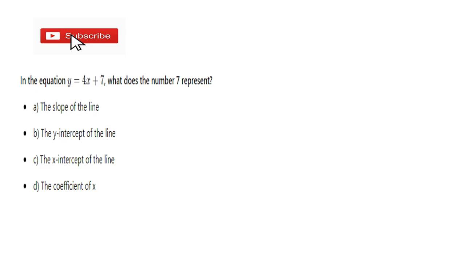Take this one. In the equation y equals 4x plus 7, what does the number 7 represent? A. The slope of the line graph. B. The y-intercept of the line. C. The x-intercept of the line.